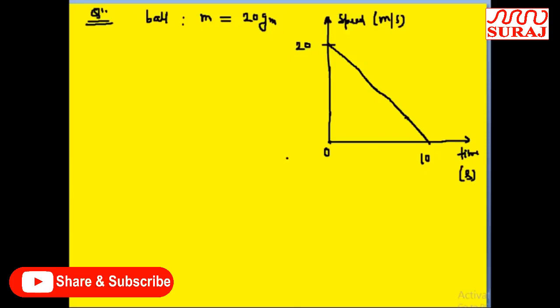This is the 20 given, and this is the speed axis, and here is the time axis, and it takes 10 seconds to get the ball to rest.